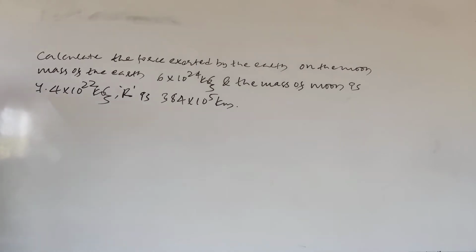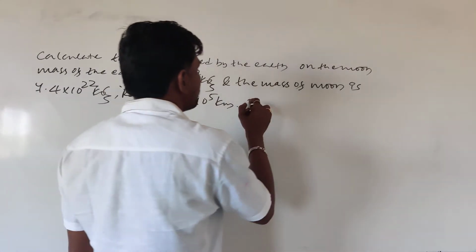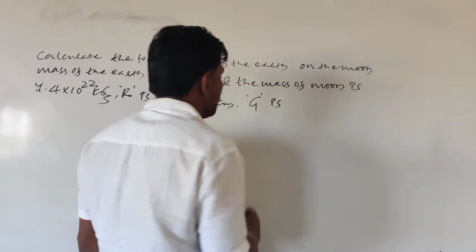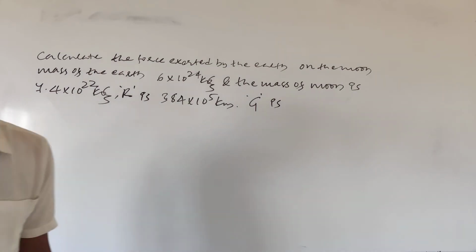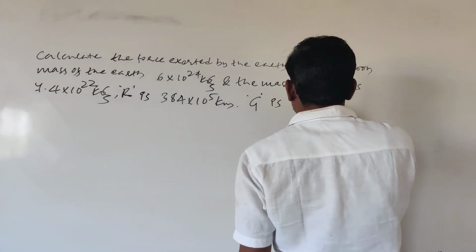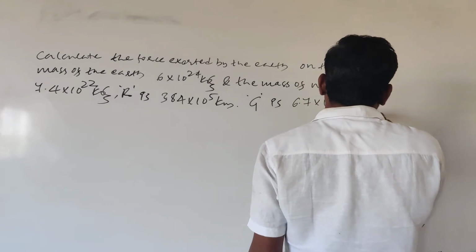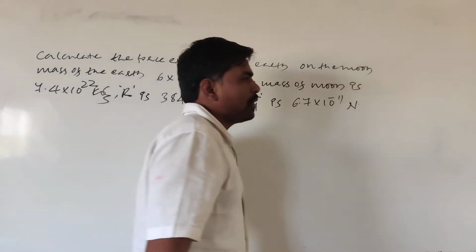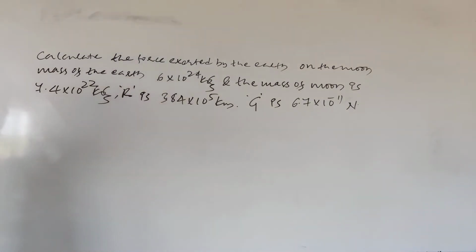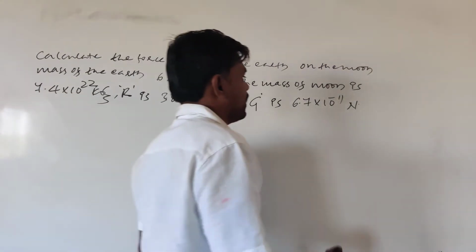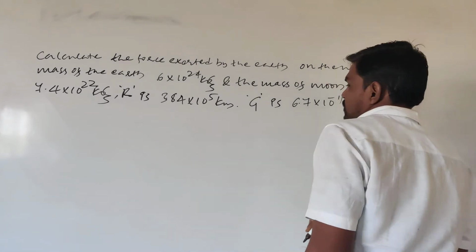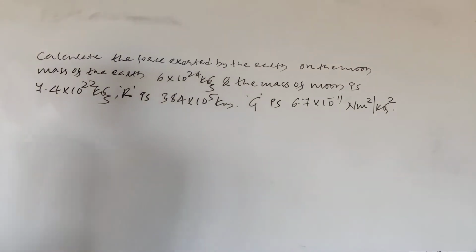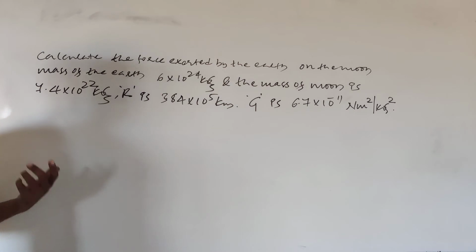G is given as 6.7 into 10 raised to minus 11 Newton meter square per kg square. So here, what is the force between these two bodies?